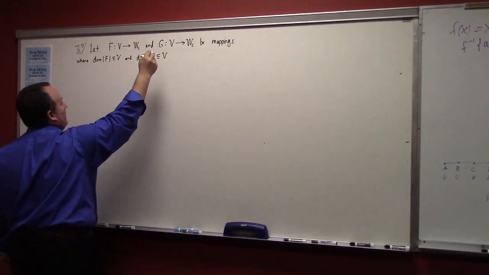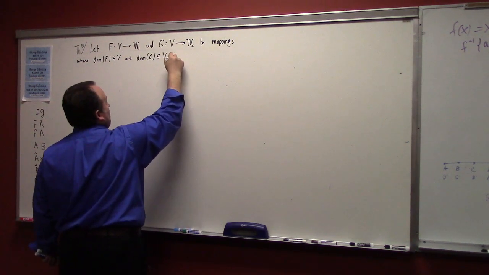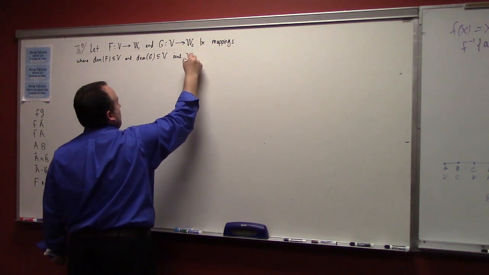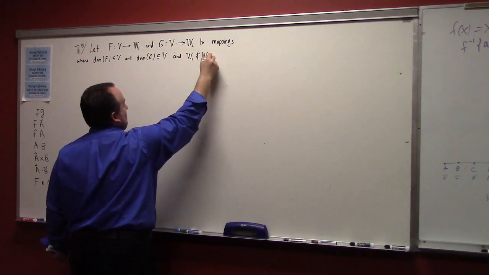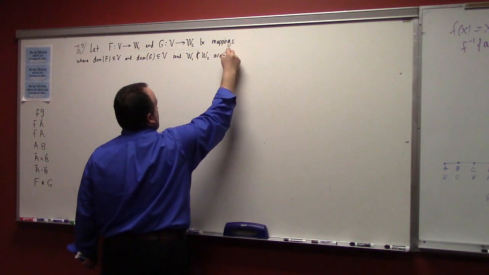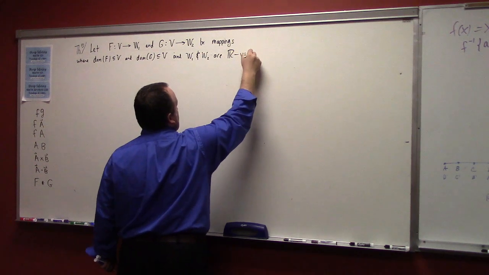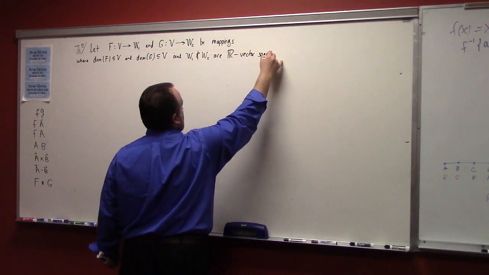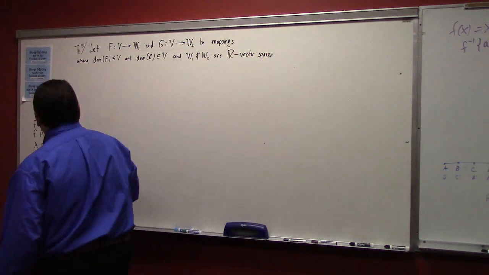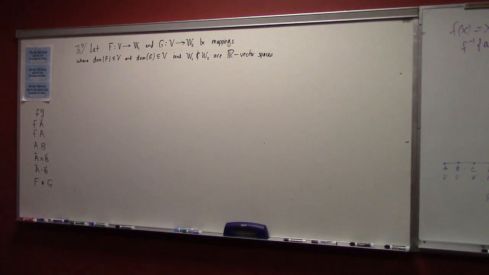All right. Both W1 and W2 are real vector spaces. Now, of course, I allow the possibility here that W1 or W2 could be the complex numbers. That's just a two-dimensional real vector space, all right? But the domain I'm thinking of as real vector spaces.